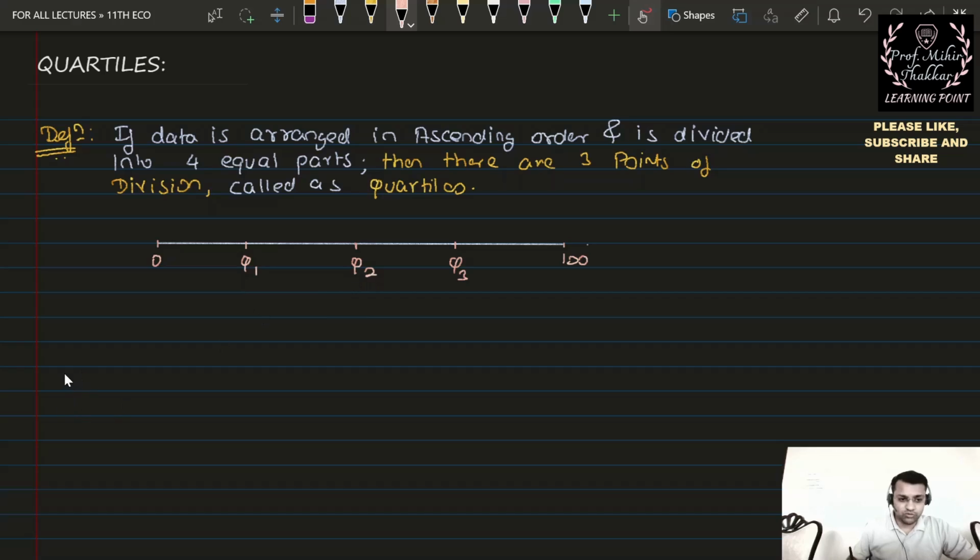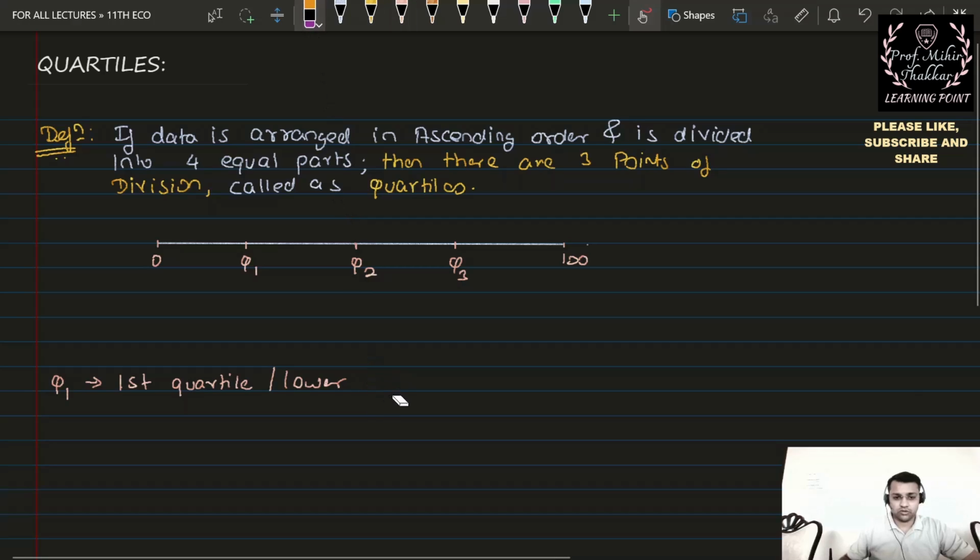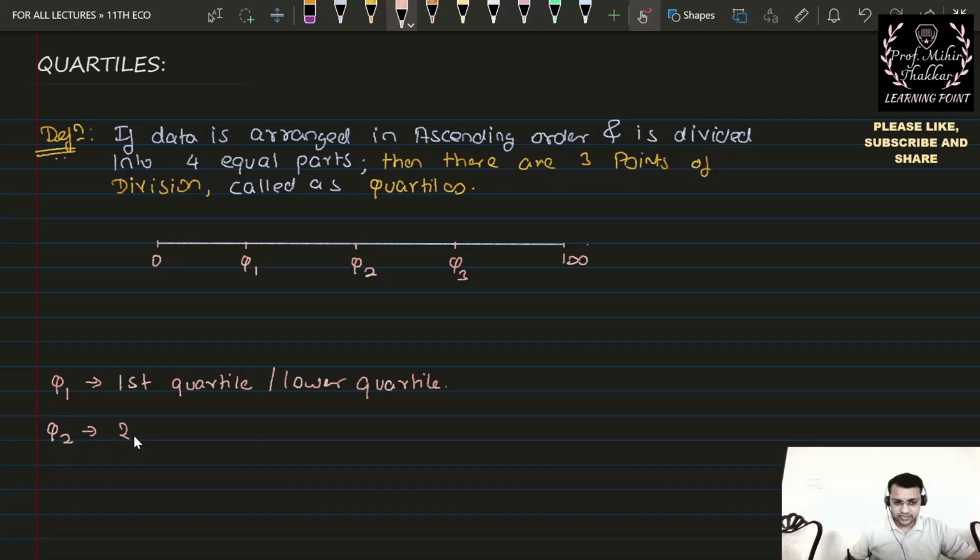So guys, Q1 over here is called as the first quartile or the lower quartile. Q2 is called as the second quartile.